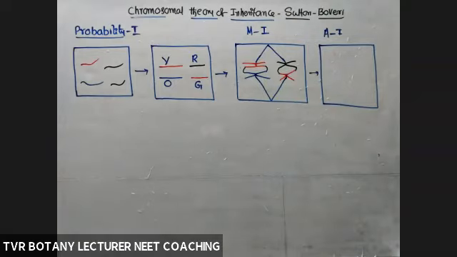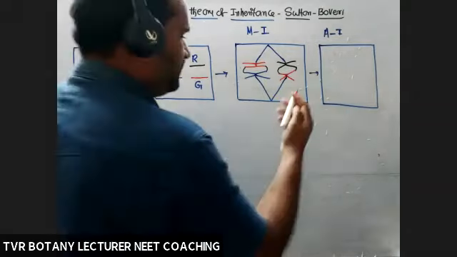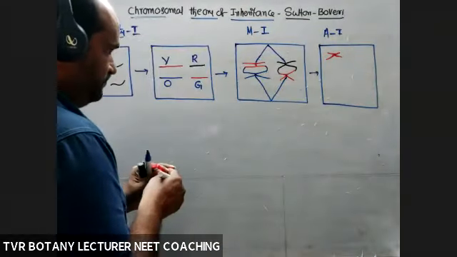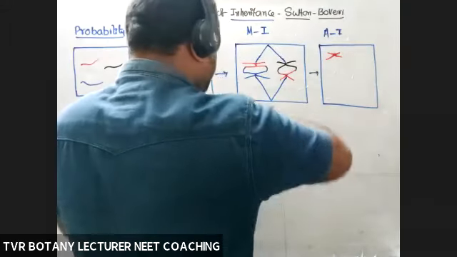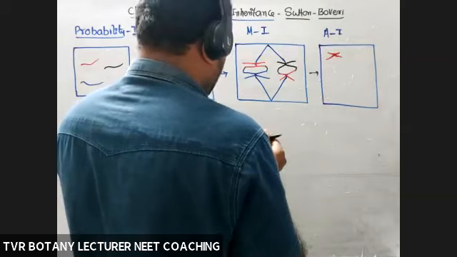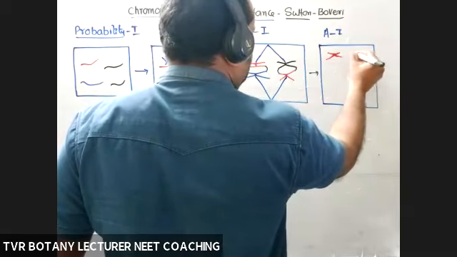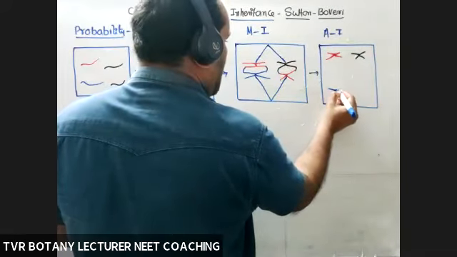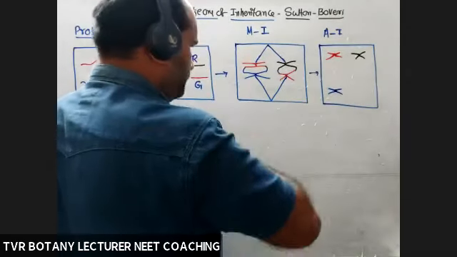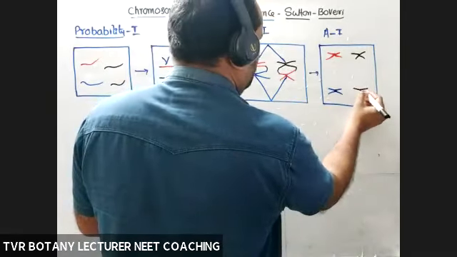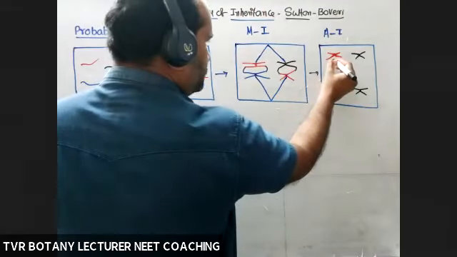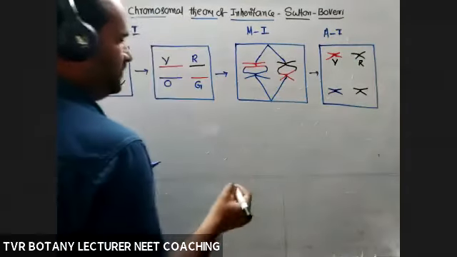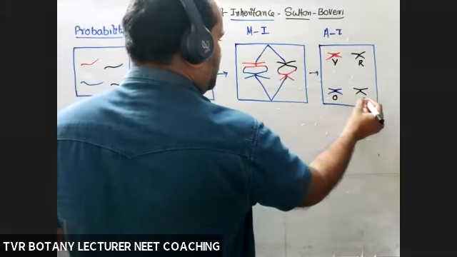This one is a yellow colored chromosome, and this one a red colored chromosome. And here an orange colored chromosome. So what about the color of this chromosome? Yellow color. And this one red color. This one orange color. This one green color.